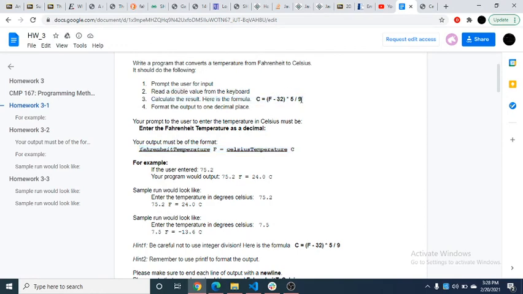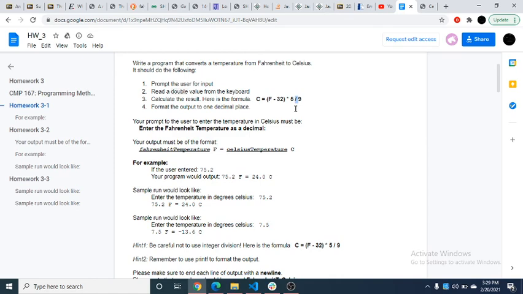The problematic part of this equation is right here, 5/9. Java is going to do this portion as an integer evaluation. So 5 divided by 9 as an integer evaluation is 0.